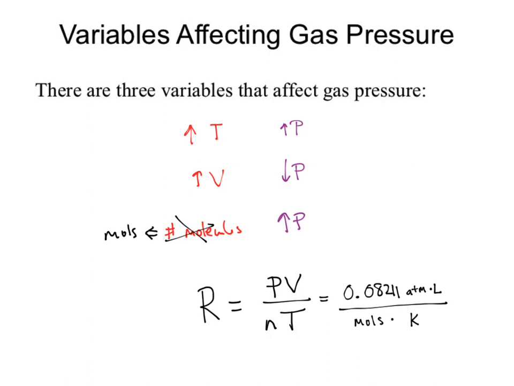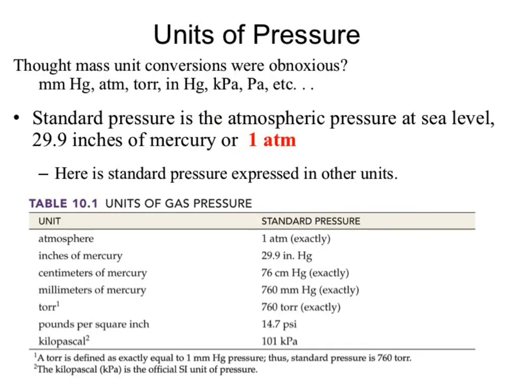What if your atmospheres are in pounds per square inch? Convert it to atmospheres, plug it in. Is this table going to be on the test? As far as what's on the test, those are all now conversion factors. 1 atmosphere equals 29.9 inches of mercury, and you'd be like, well, do I have to have that memorized?